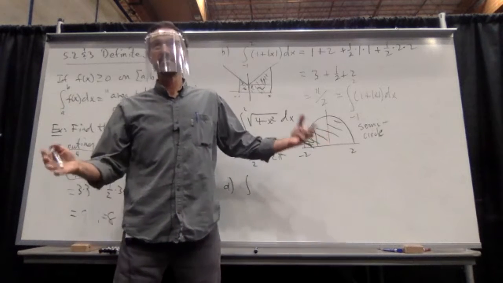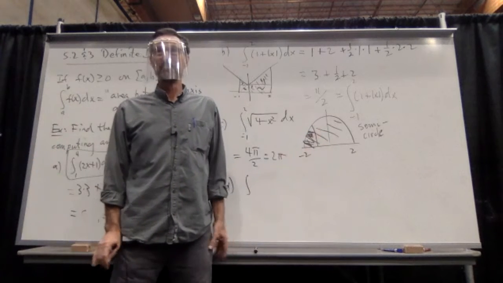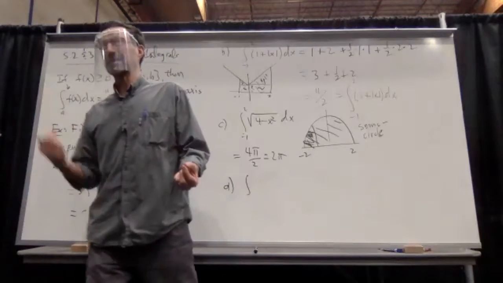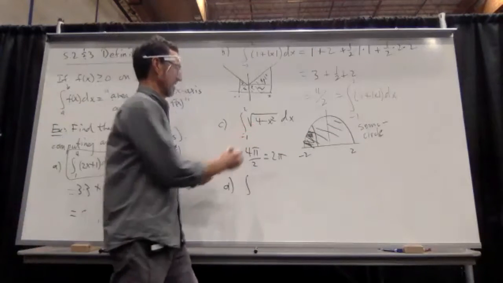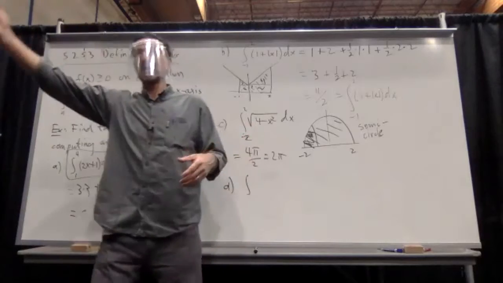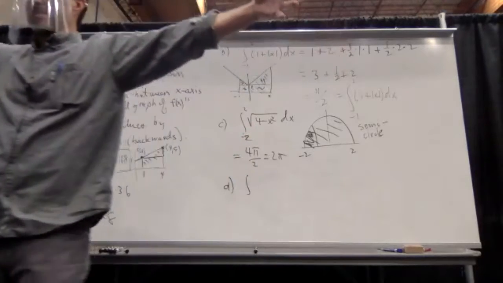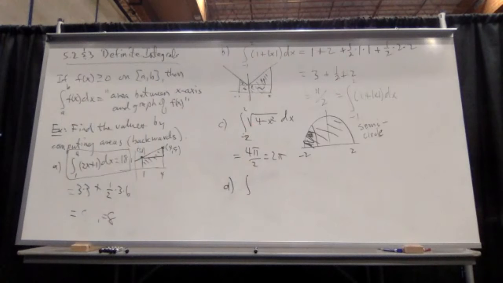So I can't find the value of the integral. I need to know a little bit more about the process. So we're really lucky that it went from a radius to a radius, right? Across a diameter. That allowed us to use geometry to find the value of the integral.